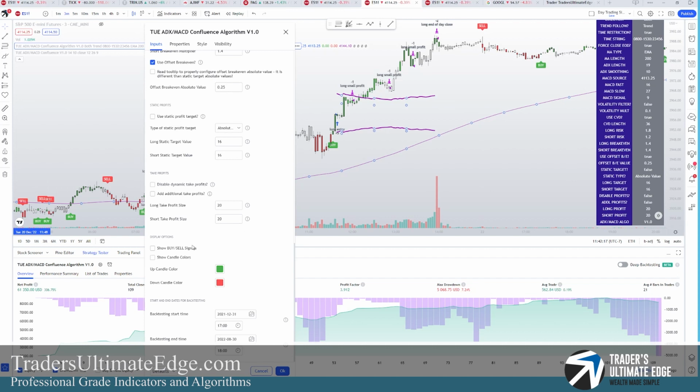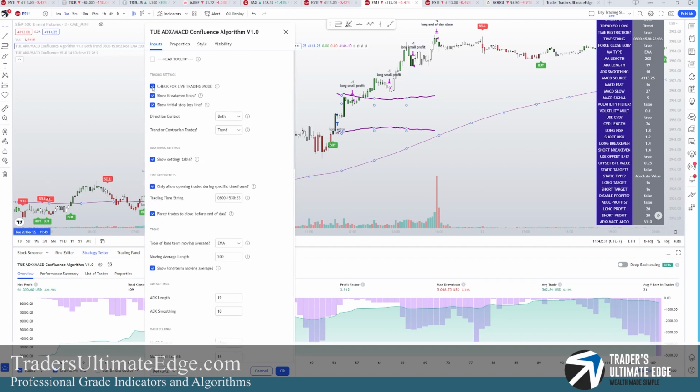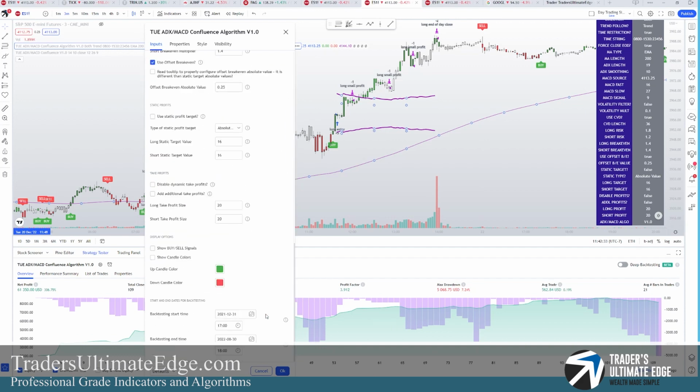And then this particular one, you can show the buy and sell signals. It's the same buy, sell signals that are already on here from the confluence indicator and the same candle coloring. And then if you'd like, you'll see these dates and times down here. You can turn off live trading mode, and you can just select dates and times that you'd like to backtest.